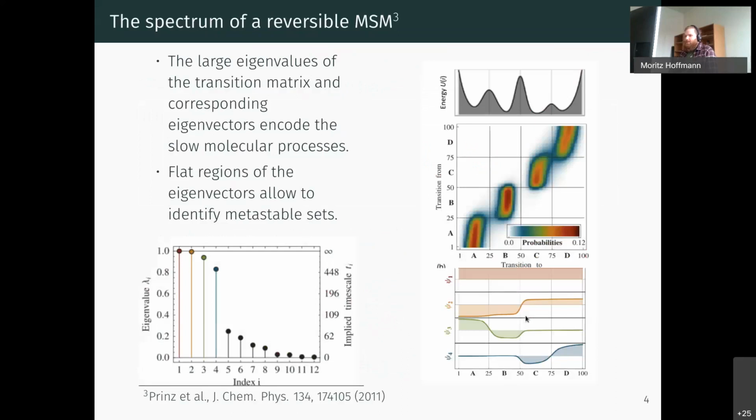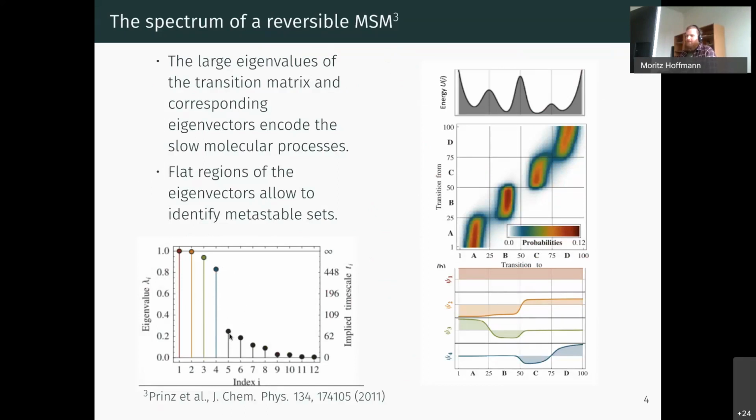Okay, and then once we have that, we can have a spectral analysis of our transition matrix. This image you've now seen a couple of times, where the large eigenvalues correspond to slow processes and the small eigenvalues correspond to fast processes. And if we did everything right, then we probably have something like a spectral gap here, between process 4 and 5.